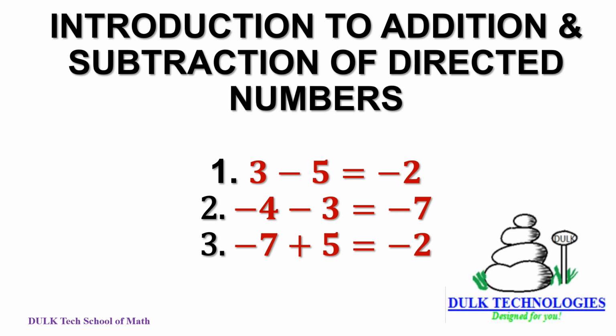In this video, I want to show you how to add and subtract directed numbers using the number line. This one is mainly for beginners. Directed numbers are just numbers with signs.